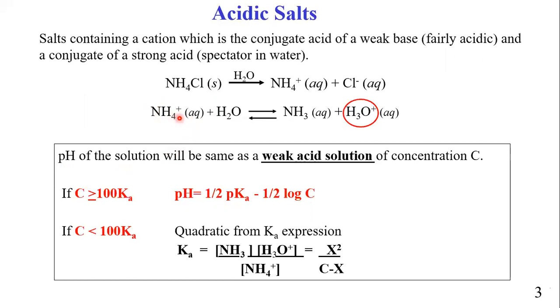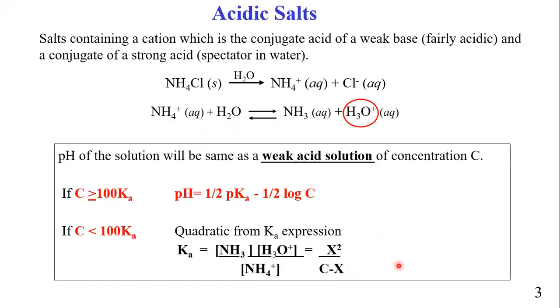So this will act as a weak acid, and therefore if the concentration is greater than 100 Ka, you use pH equals half pKa minus half log C. But if the concentration is less than that, you will use the quadratic, which comes from the Ka expression. And where's the Ka expression? Oh, it's just the reaction with water.